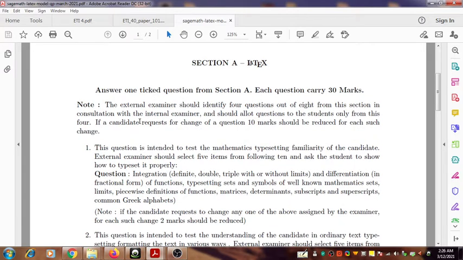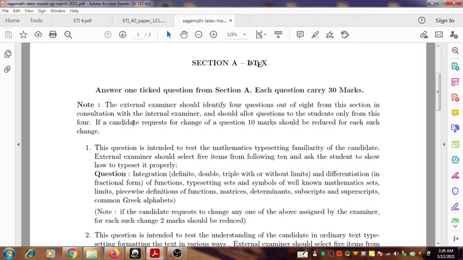There will be 8 questions in this section, and the external examiner will identify 4 questions in consultation with the internal examiner, and should allot questions to the students only from these selected 4 questions.